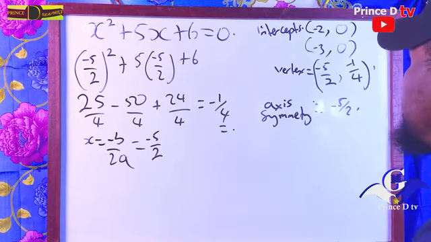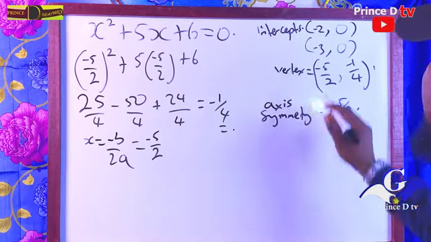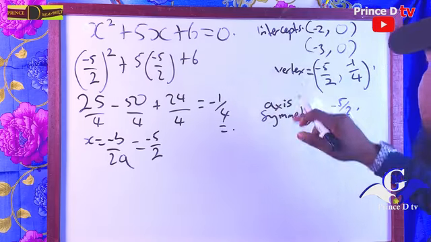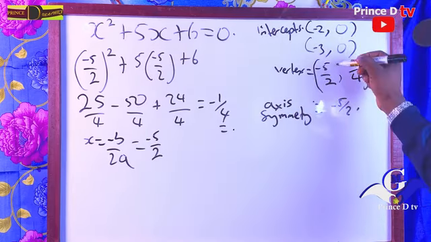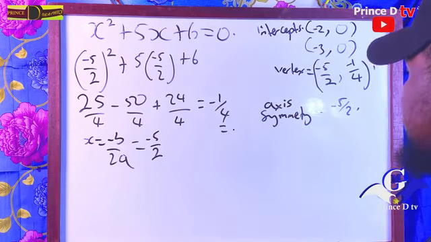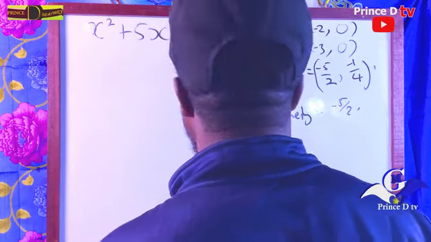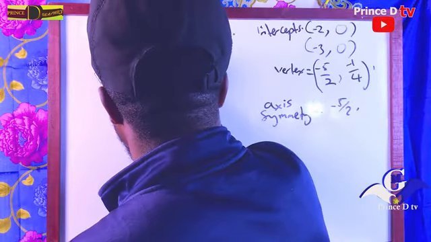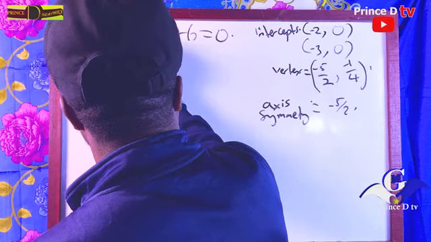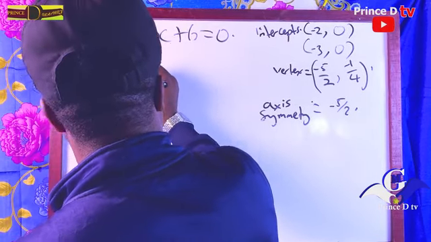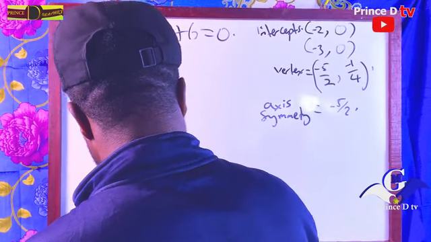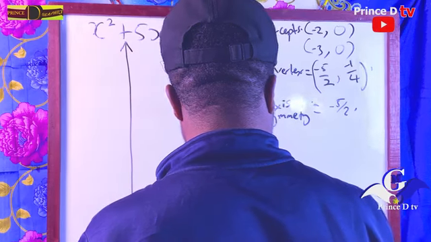Now we have our intercepts, (negative 2, 0) and (negative 3, 0). Our vertex is (negative 5 over 2, negative 1 over 4). And, of course, our axis. To plot this, please pardon me, this is a plain board. We normally use graph paper.